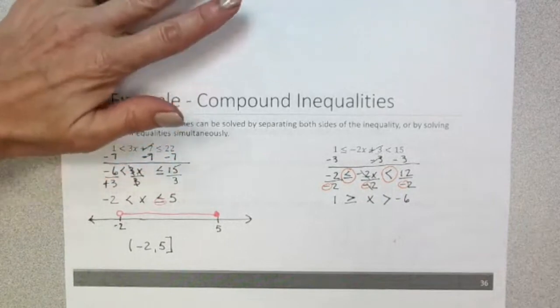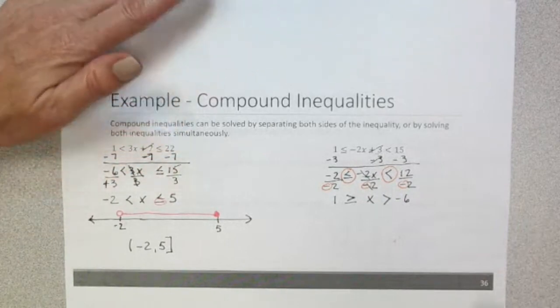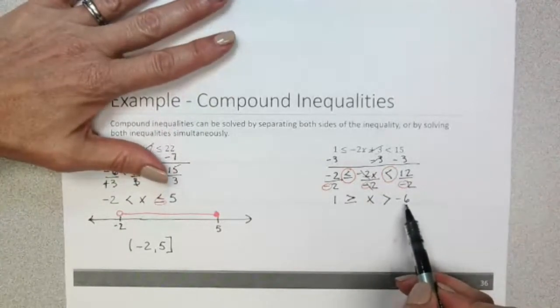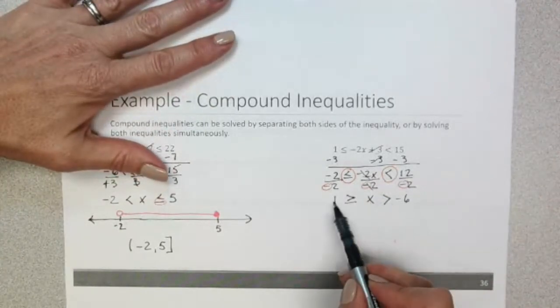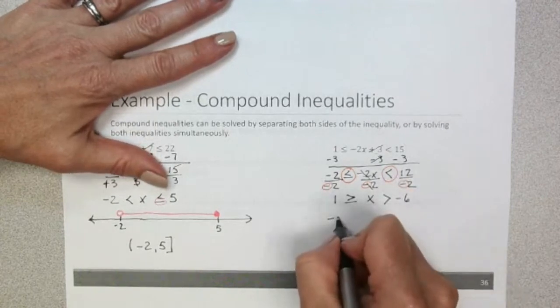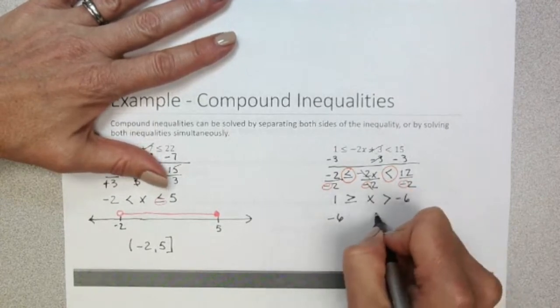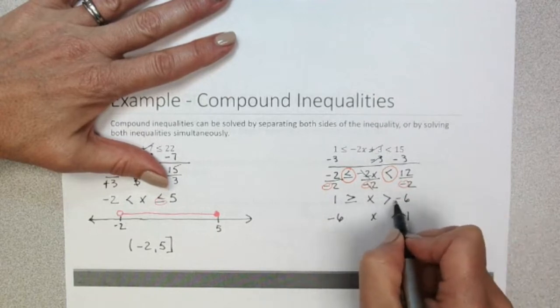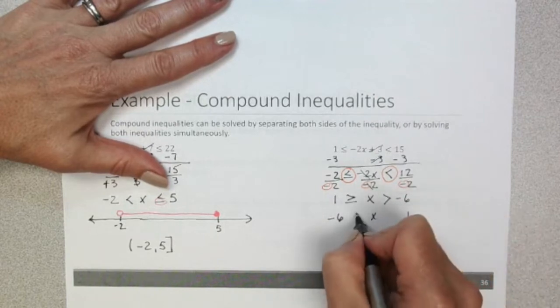All right. Now we usually write inequalities smallest to largest, especially when we have a compound inequality like this. So this -6 is smaller than the 1, so I should reverse this. I should say -6, x, and 1. But look, the -6 is less than the x.